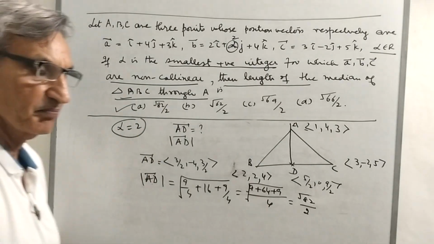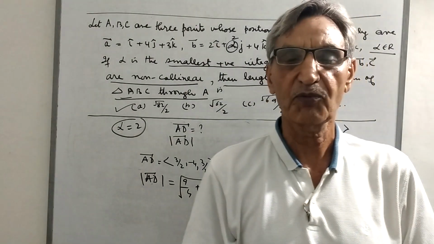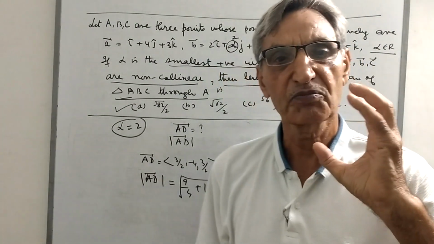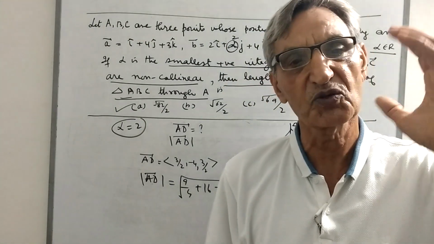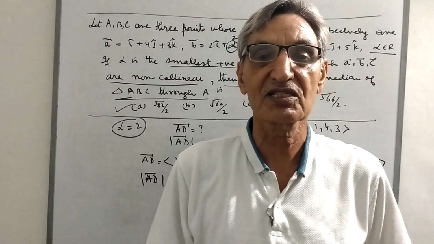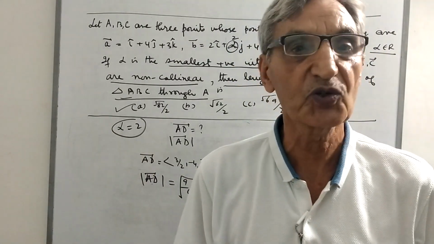Look friends, how simple the question was. It asks what alpha value makes the points collinear. He says it should be the minimum positive integer to make them non-collinear. The condition which makes the points ABC collinear gave alpha equal to 1.